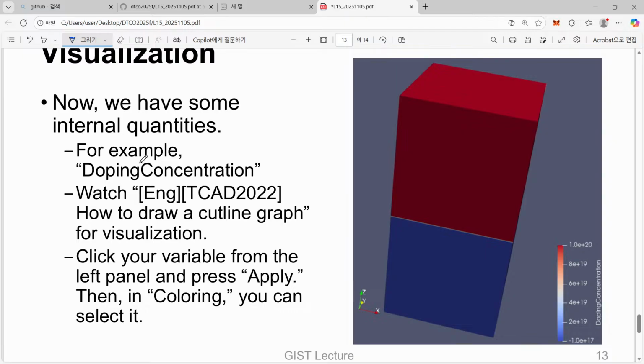Then you will have a CGNS file, and with the help of the already uploaded video on how to draw a cut line graph, please try to visualize your structure. I think that some of you coming from graduate school can do it quite easily, but if you are coming from undergraduate level, then maybe this is the first time you see this kind of thing. So please spend your time to get familiar with this one.